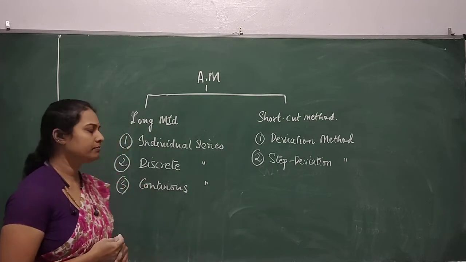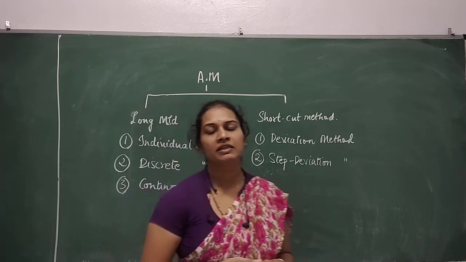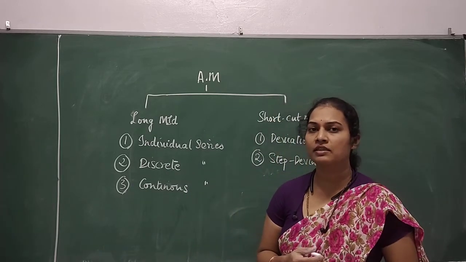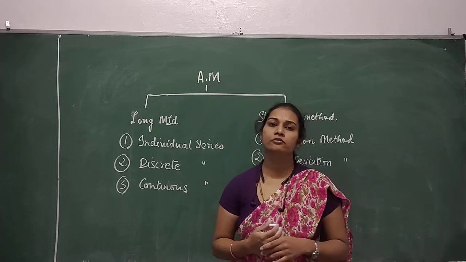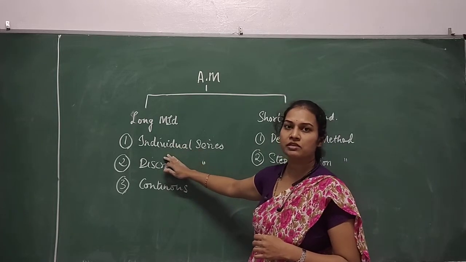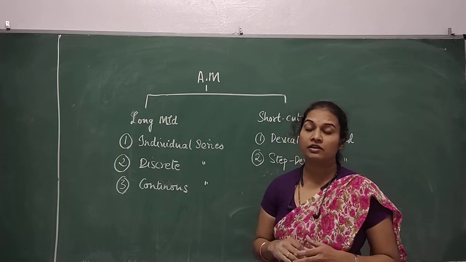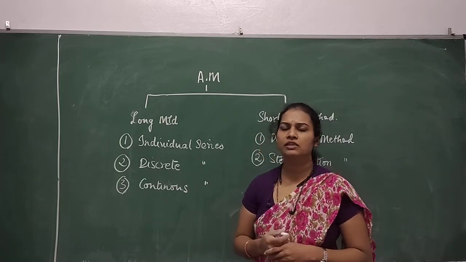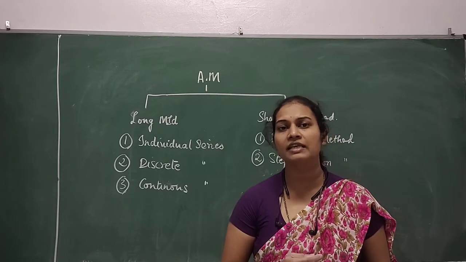Now please do remember, what is individual series? When they give you a problem, they will say just calculate arithmetic mean. So you have to find out whether you are calculating an individual series, a discrete series, or a continuous series. In the individual series, you will be given information of only one value, that is x values.